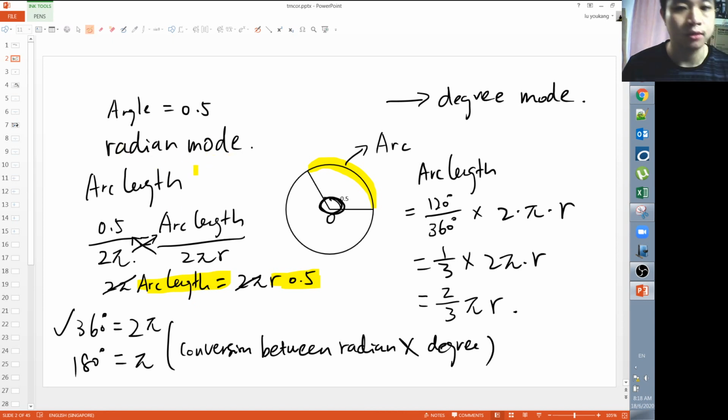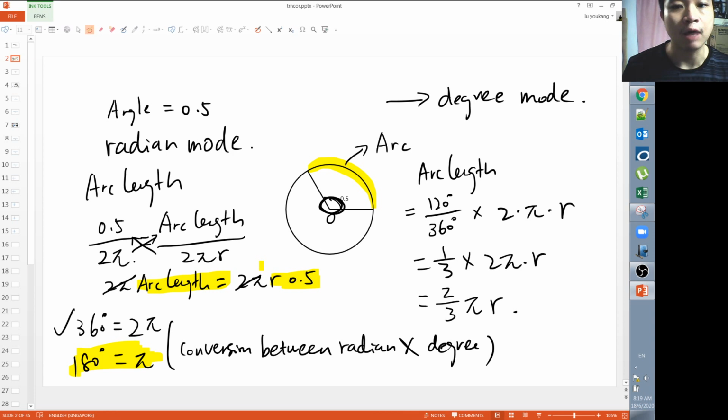These are the two concepts, and for the conversion between radian and degree, you can simply pick the simplified version. Pi is equal to 180 degrees. 180 degrees is equal to pi. That's the conversion between radian and degree mode.